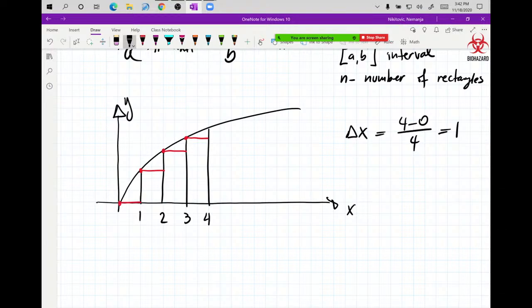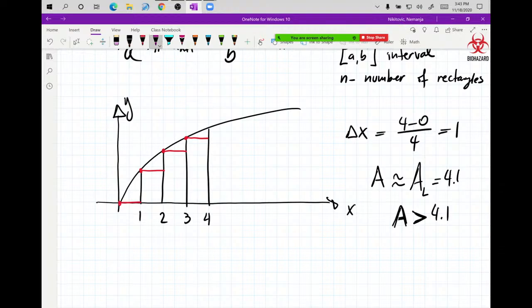You can actually see from 0 to 1 is 1 unit, from 1 to 2 is 1 unit, 2 to 3 is 1 unit. So the width of each rectangle is 1. And then we calculated those heights. We approximated the area from the left to be 4.1, and we knew that area was less than the actual area. So the actual area is more than 4.1 because there is a lot of error.